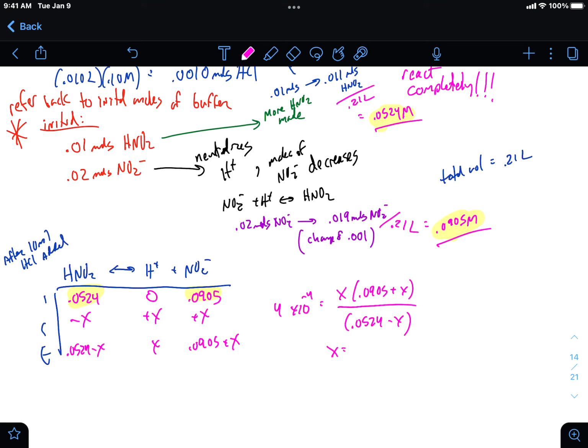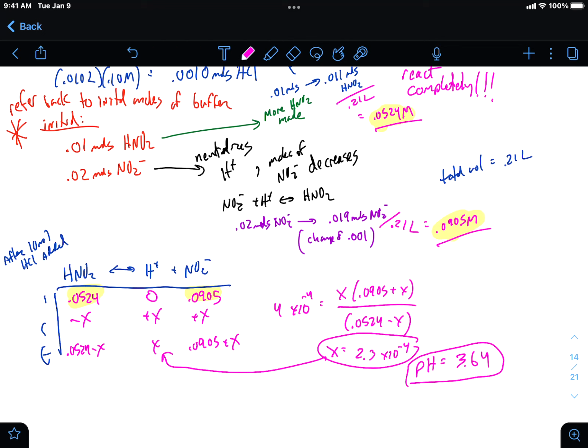So I get x to be 2.3 times 10 to the minus 4. And that means a pH of 3.64. Let's stop and think.